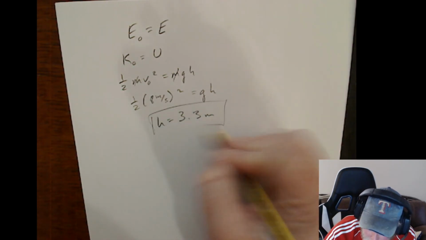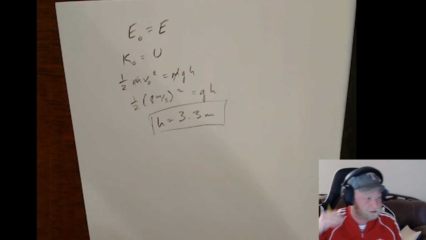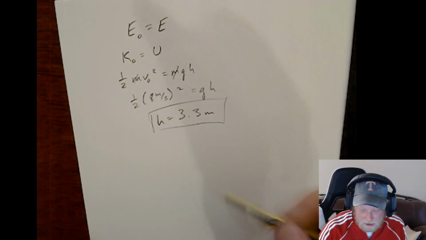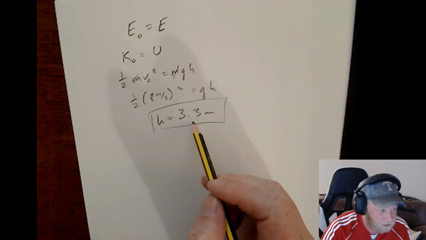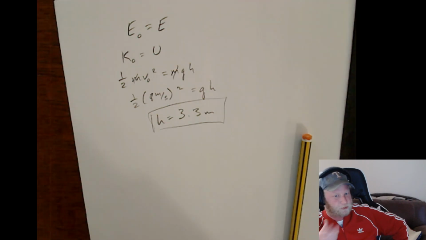So we know that there's enough kinetic energy at the bottom of the ring-the-bell attraction for that ball to rise to a maximum height of 3.3 meters. That tells us that yes, if the bell is located at 3 meters, the ball definitely hits it. There's always multiple different ways that you can solve these energy conservation problems, which is nice.